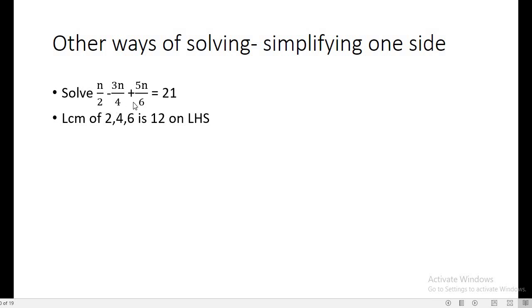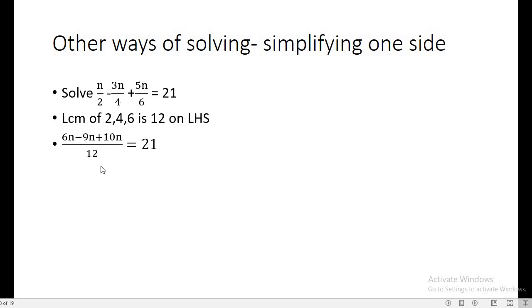by LCM. So taking the LCM of 2, 4 and 6, which is 12, we have 6n minus 9n plus 10n. This is what we have learnt in rational numbers, how to take LCM and solve.